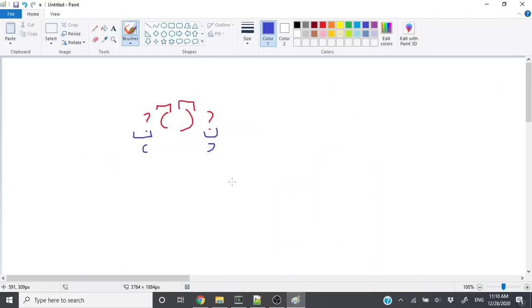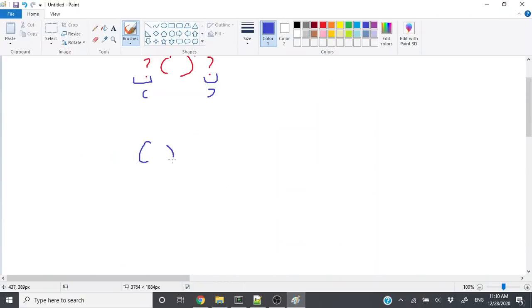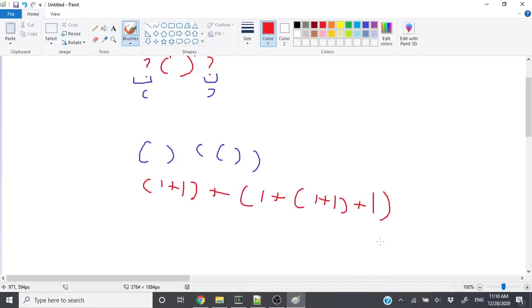And the way to classify a regular bracket sequence is, essentially, it forms an arithmetic expression. For example, you can make something like 1 plus 1 plus 1 plus 1 plus 1 plus 1, and then the parens would just work.